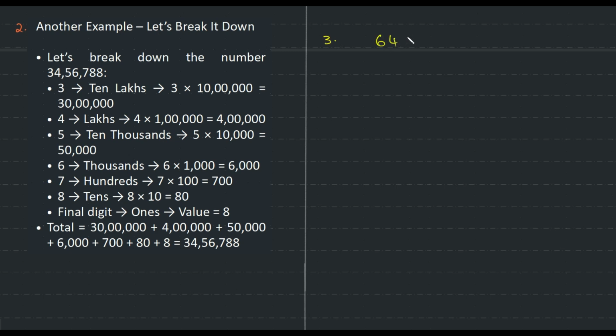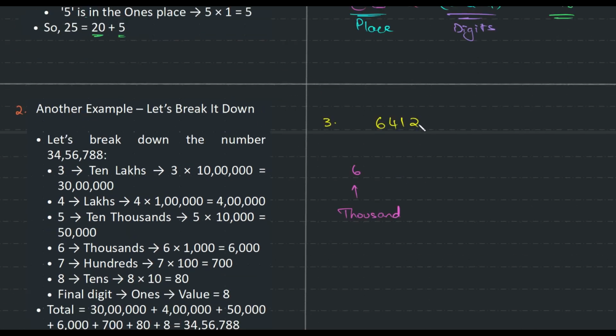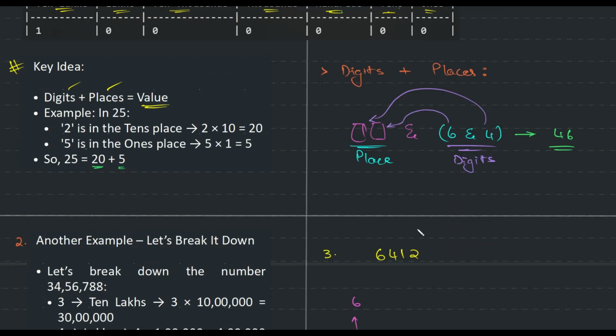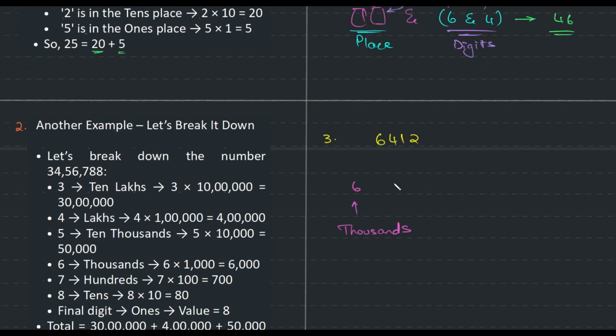Say 6, 4, 1, 2. So 6 has to be multiplied with 1000. So this is in the thousands position. Okay, here we have thousands, right? And we call it thousands, yeah, with an S. Then we have 4.